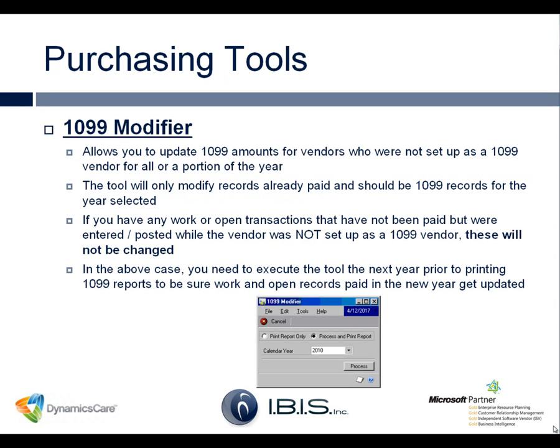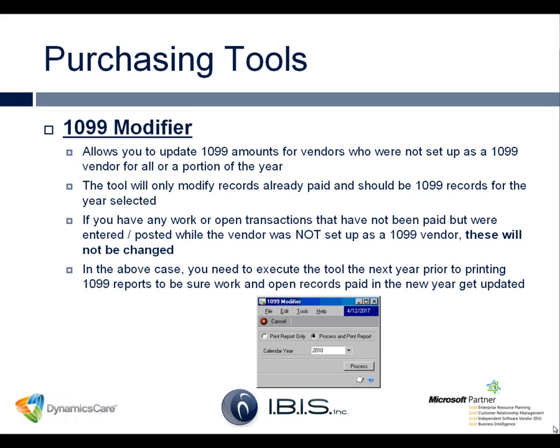1099 modifier, very, very popular tool, very useful tool. You can update 1099 amounts for vendors who were not set up as 1099 vendors for all or a portion of any given year. Keep in mind it only modifies records that are already paid and should be 1099 records for the year that you select.